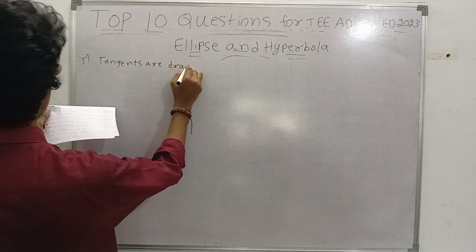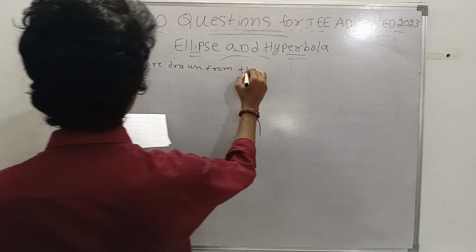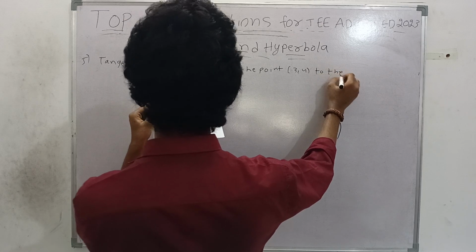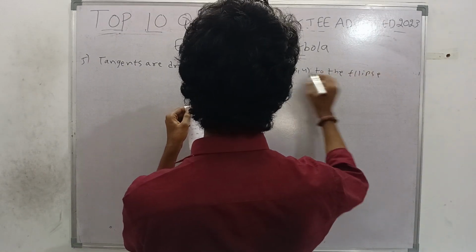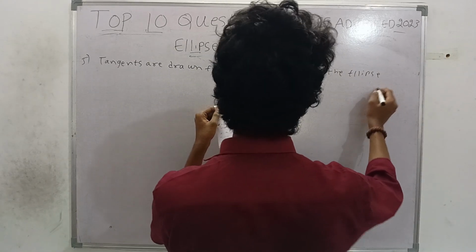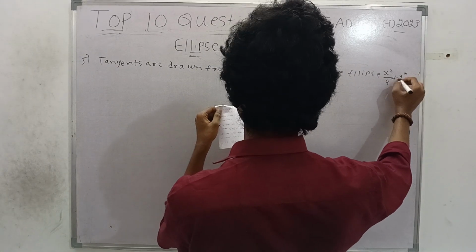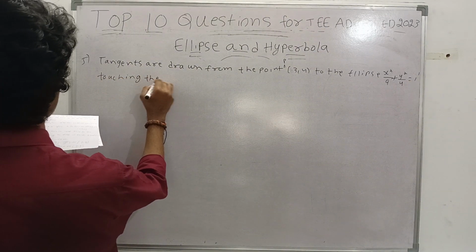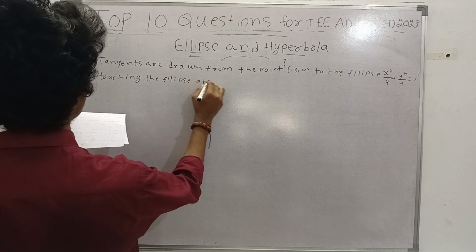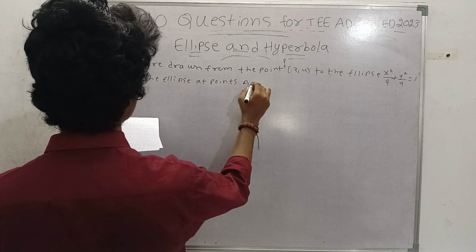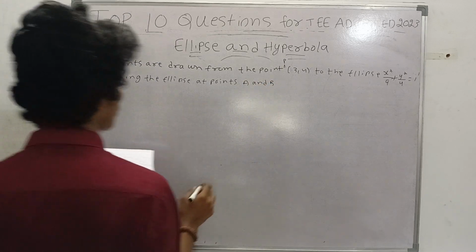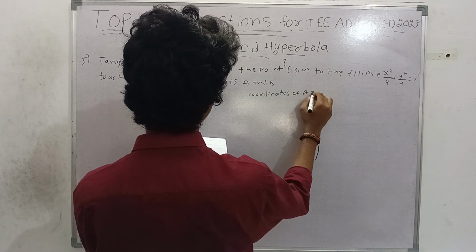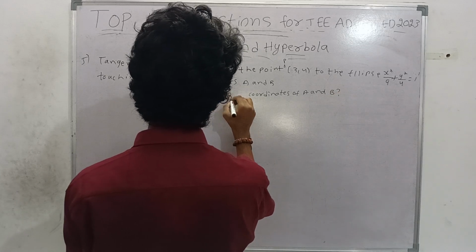Tangents are drawn from the point 3, 4 to the ellipse x square by 9 plus y square by 4 equal to 1, touching the ellipse at points A and B. Then what is the question? Coordinates of A and B. This is the question.